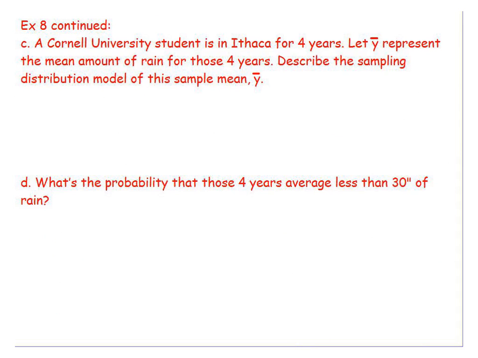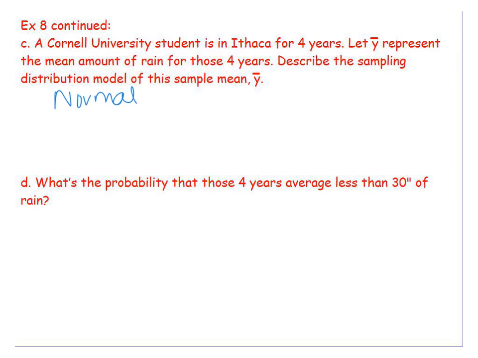So, a Cornell University student is in Ithaca for only 4 years. Let y bar represent the mean amount of rain for those 4 years. So now we need to describe our sampling model. Well, we know that it's acceptable to use the normal model.